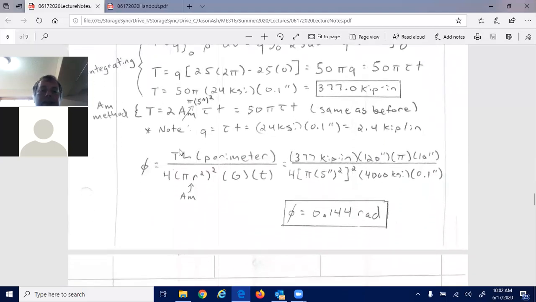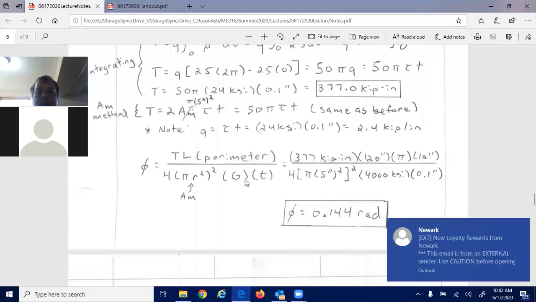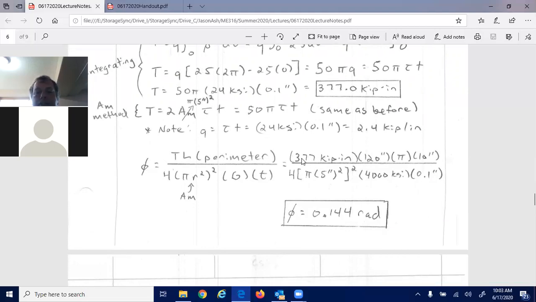And then your angle of twist, TL times the perimeter divided by 4 AM squared, where AM is pi r squared, times G times the thickness. Plugging in our values, with shear flow, we found that was 377 kip inch times the length, 120 inches, times pi times 10.